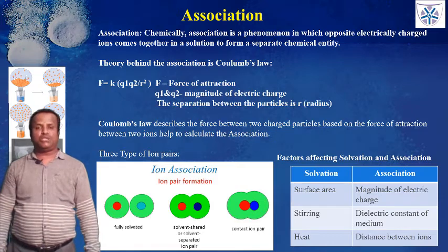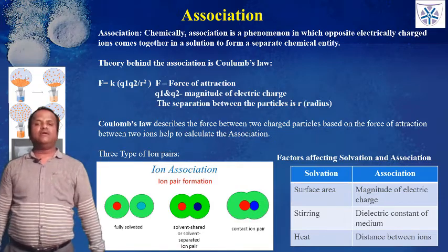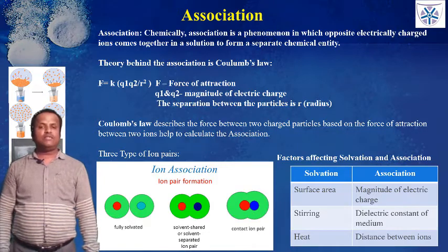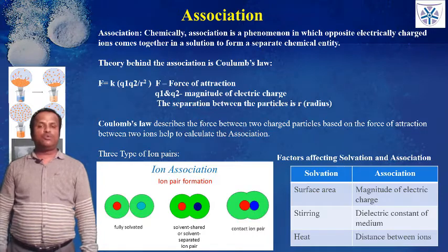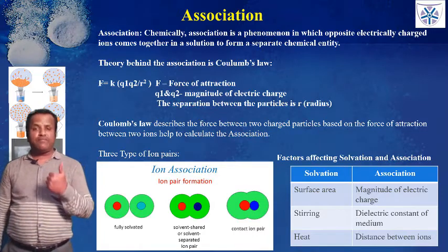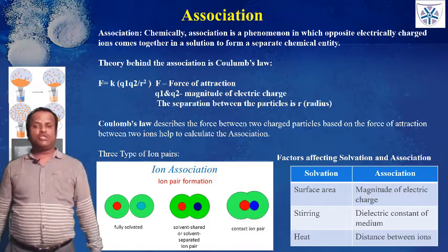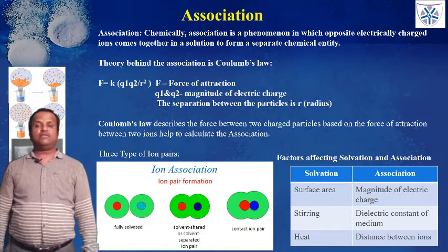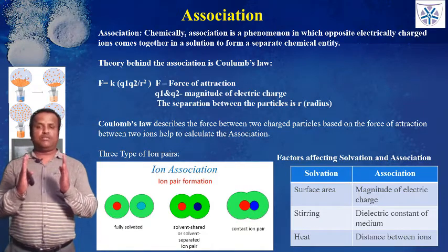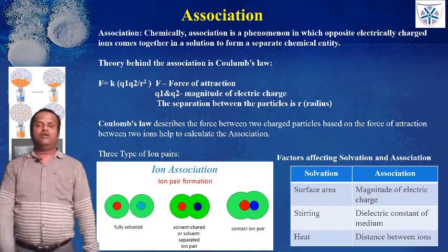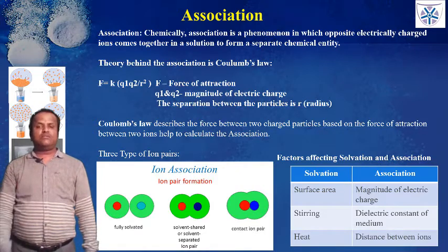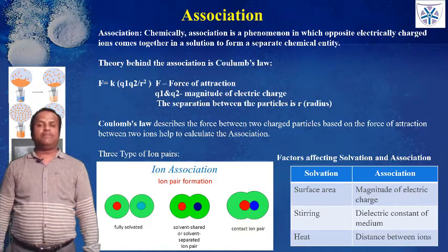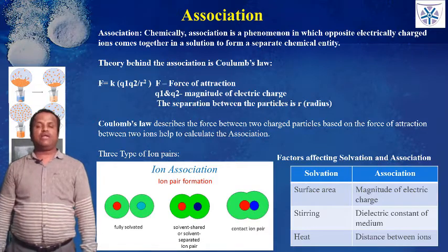In theory, Coulomb's law explains association: F = K Q1 Q2 / R squared. F is the force of attraction between the two ions, Q1 and Q2 are the magnitudes of electric charge, and R is the separation between the two ions. Coulomb's law describes the force between two charged particles and helps to calculate the association.